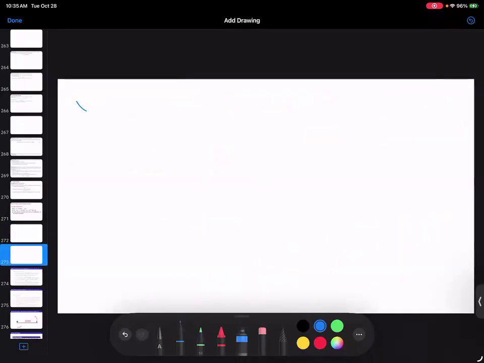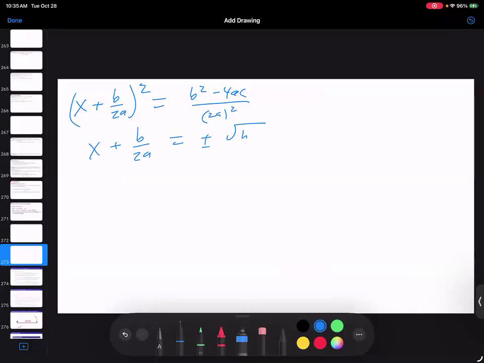And so now we have (x plus b over 2a) squared equals b squared minus 4ac all over (2a) squared. So x plus b over 2a is equal to plus or minus the square root of b squared minus 4ac all over 2a.